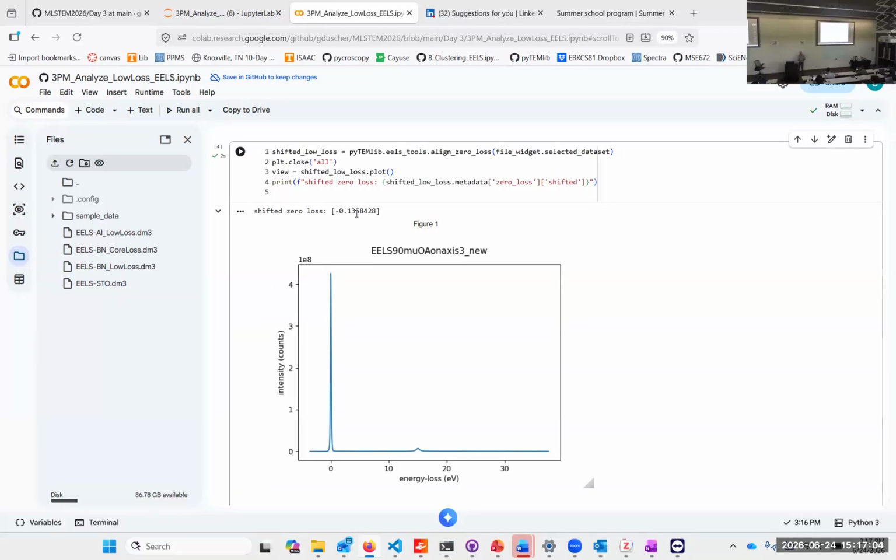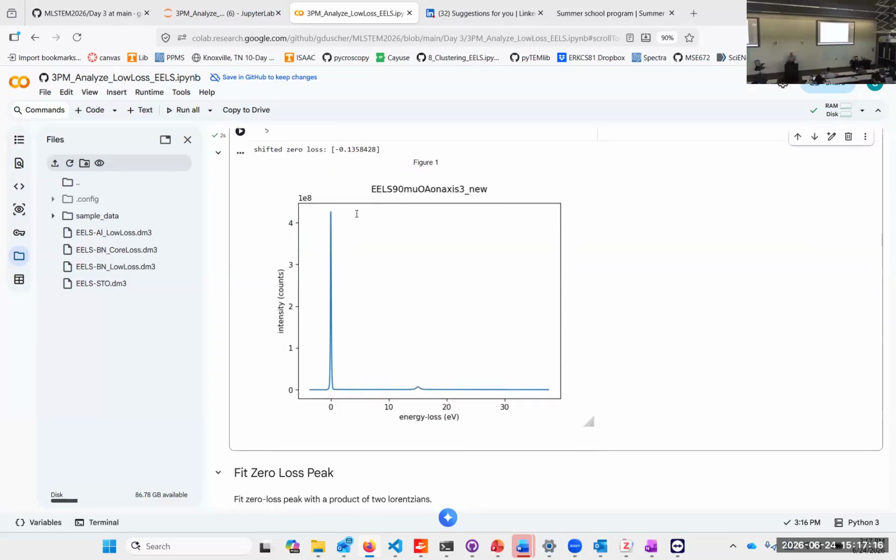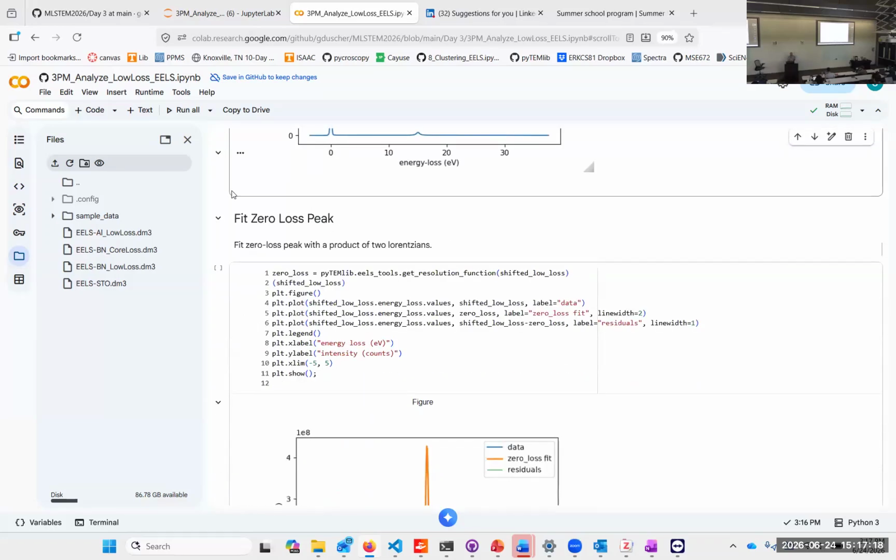The way I'm doing that is I fit a Gaussian into the tip of the zero loss peak, and the maximum of that fitted Gaussian is where I put the beam. I want to have a good representation of the zero loss peak, as good as possible.